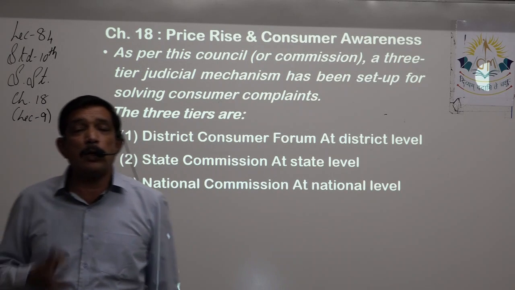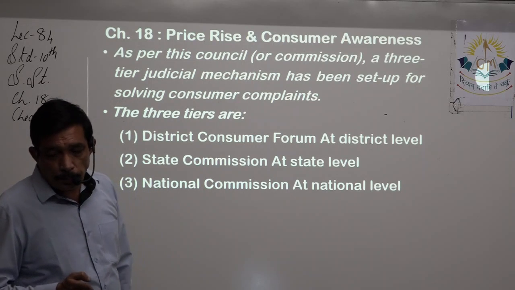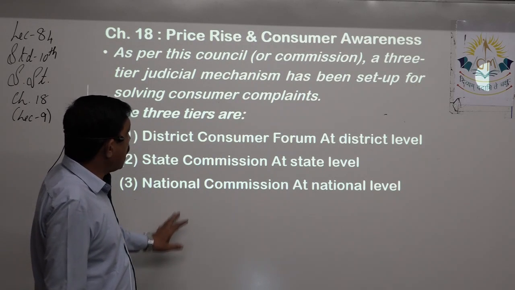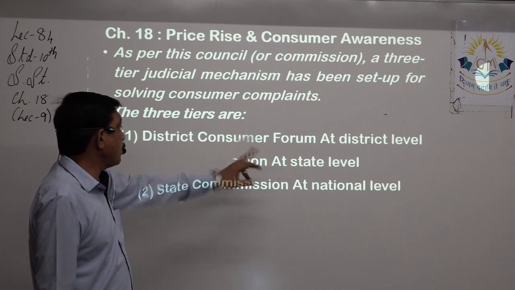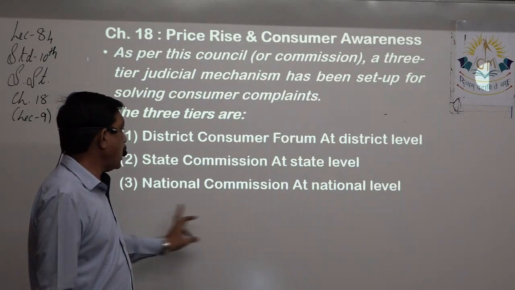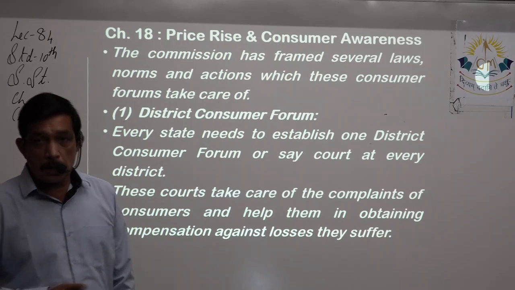So the three-tier judicial mechanism provided for the protection of the consumer is the District Consumer Forum, State Commission, and National Commission. Now we'll learn about these three one by one.